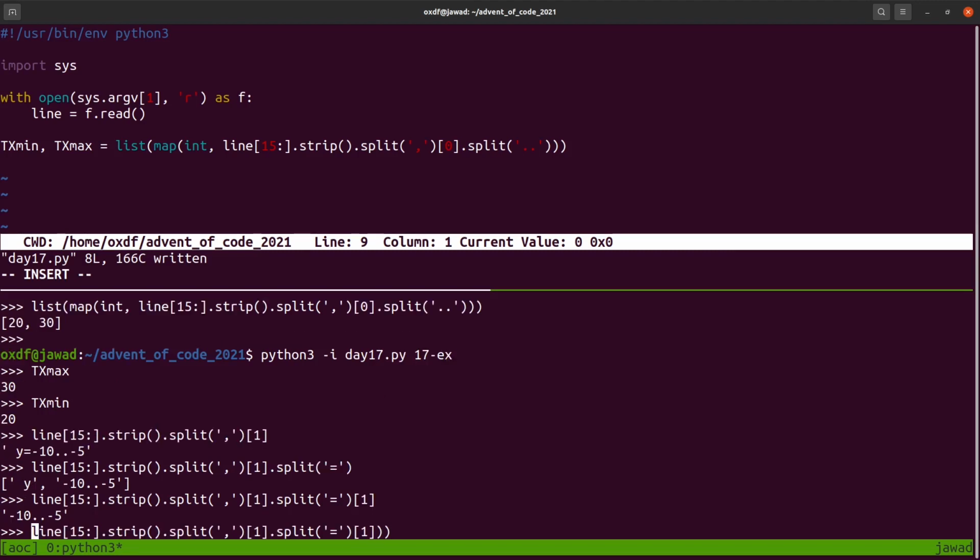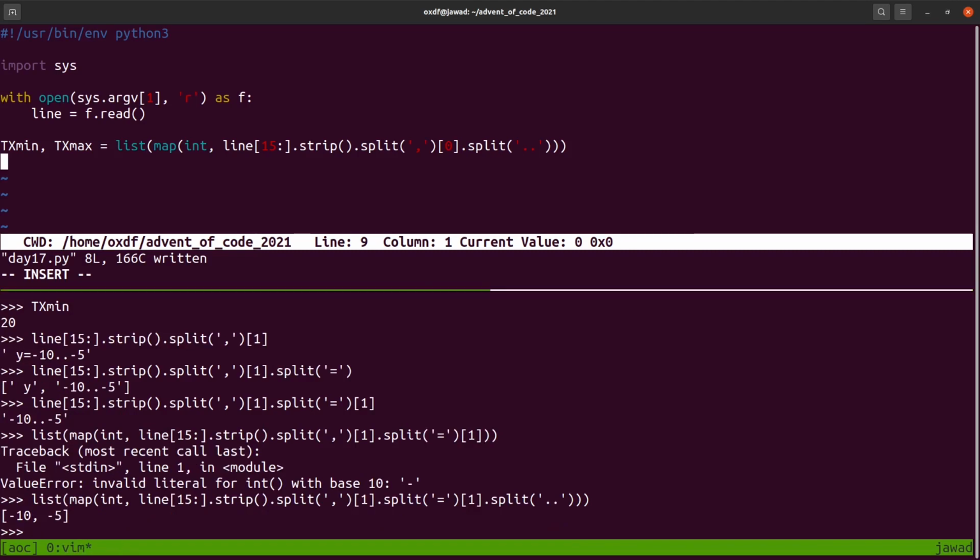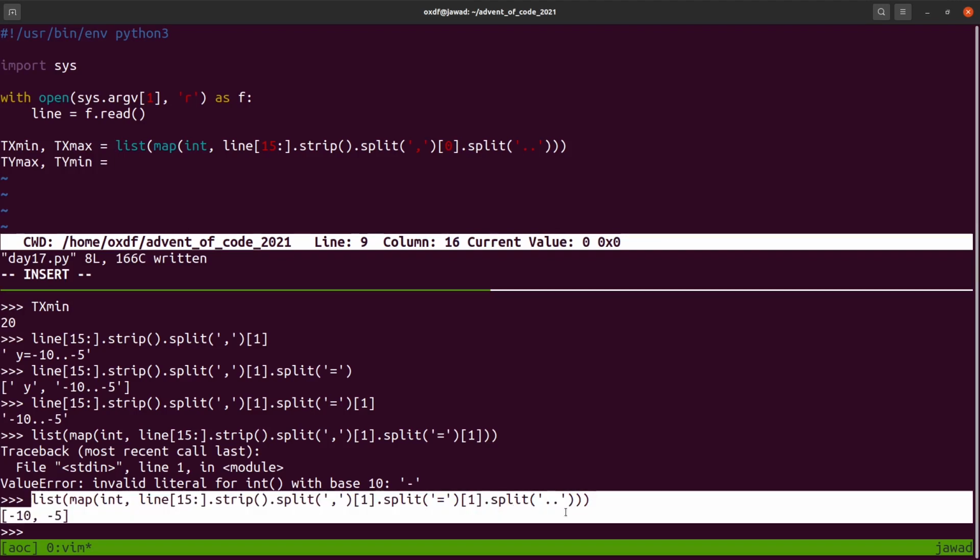And then we can do the same thing where we do list map int, which is just going to apply int to each of those things. Oop, I have to split that again. Split. How's that? There we go. So ty min, oh, actually ty max, that does it backwards. ty min equals, and we'll put that in.